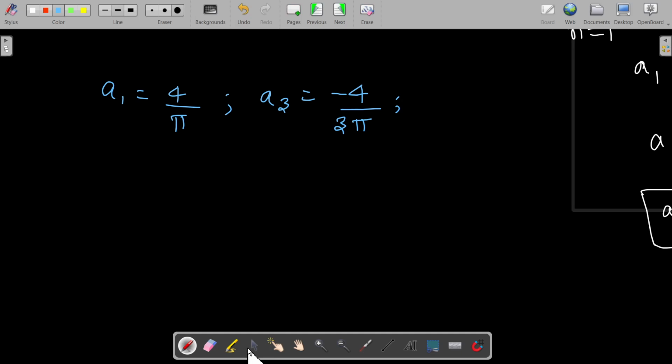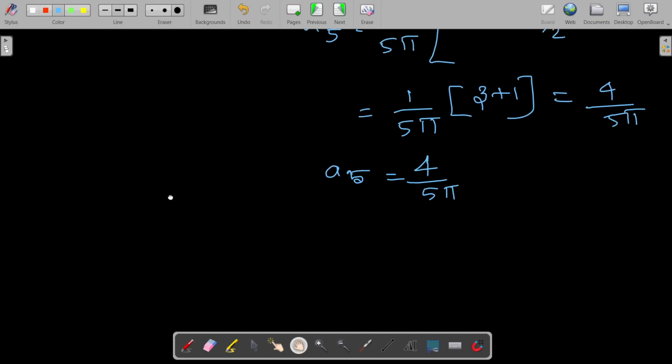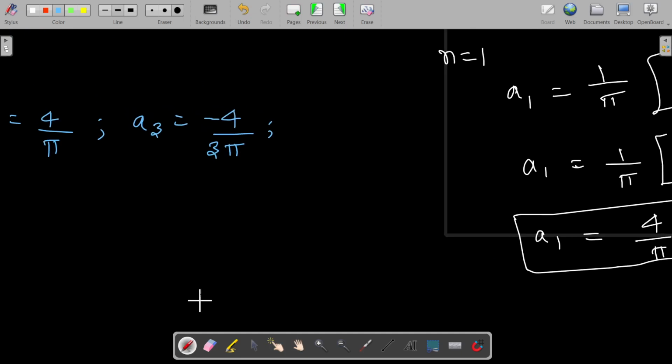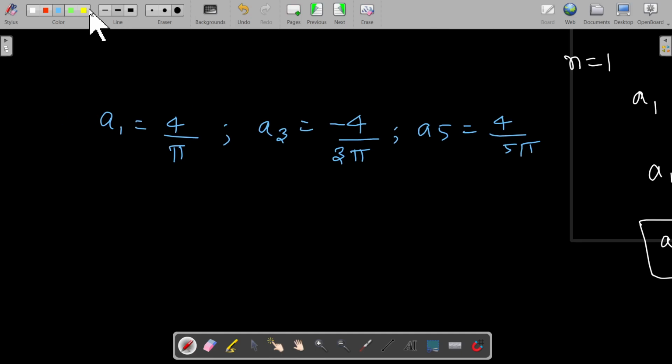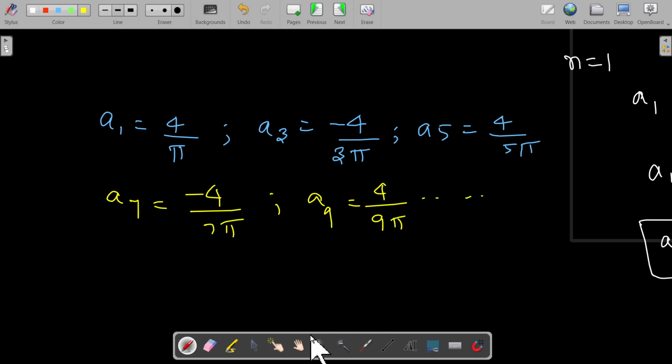Then a5 is equal to 4 by 5 pi. Then when you go for this a7, that is equal to minus 4 by 7 pi. a9 is equal to 4 by 9 pi, like that it goes on.